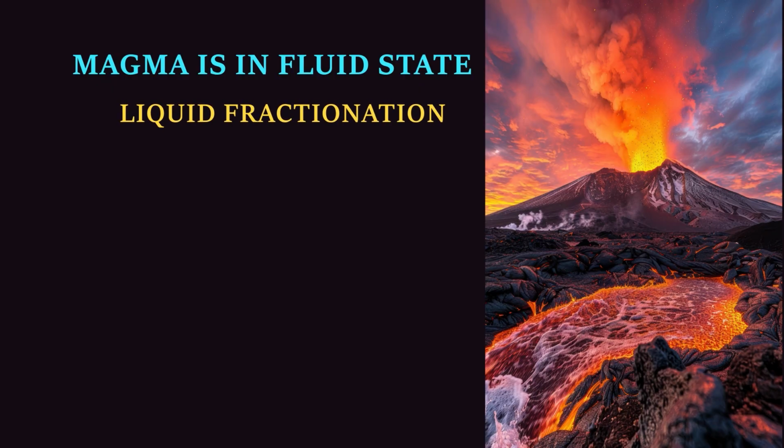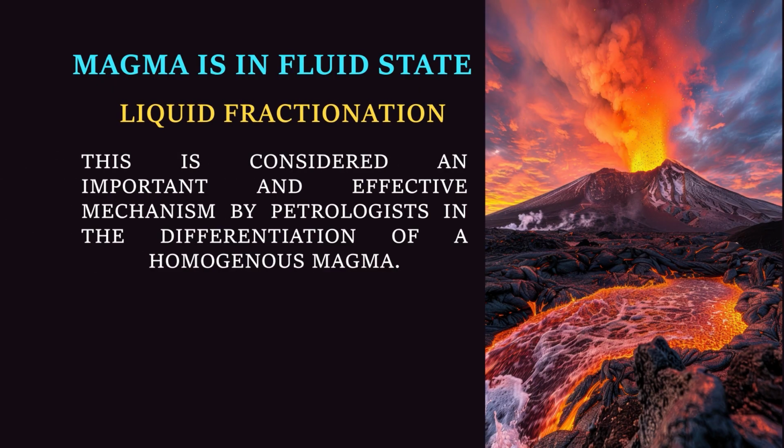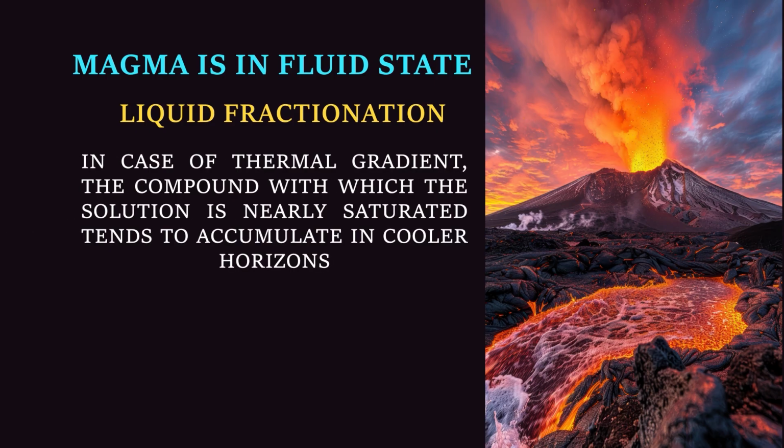The second process in the fluid state that governs magmatic differentiation is liquid fractionation. This process has been considered an important and effective mechanism by petrologists, by which differentiation of homogeneous magma can take place. In case of a thermal gradient, the compound with which the solution is nearly saturated tends to accumulate in the cooler horizons.